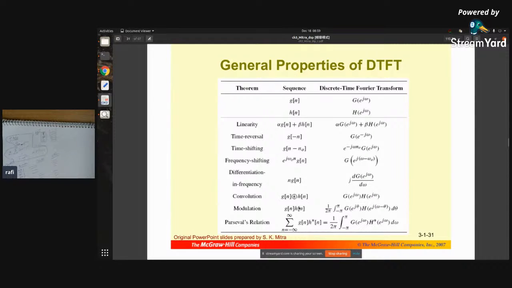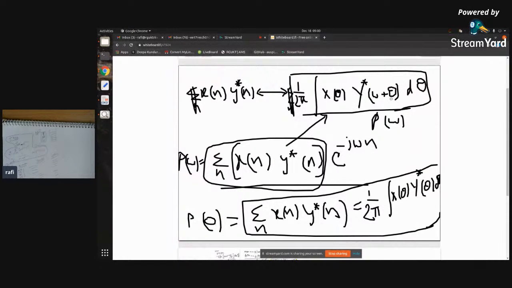So if you take the second signal as a conjugate, h star of n, the DTFT is h star of minus omega. So here the omega variable is theta in this integral, so this will become plus theta and you will get star here.